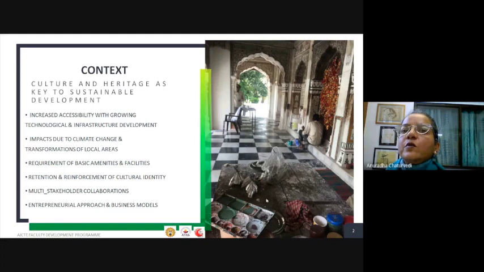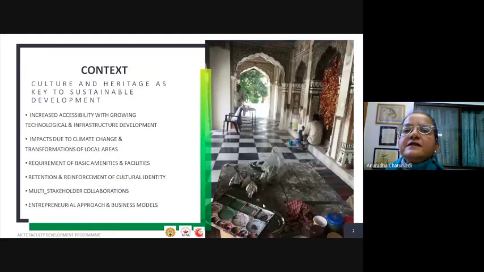There are requirements of basic amenities and facilities to be provided both for people who are residing in the heritage areas as well as for visitors who are interested in cultural tourism. There are issues related to retention and reinforcement of cultural identity.